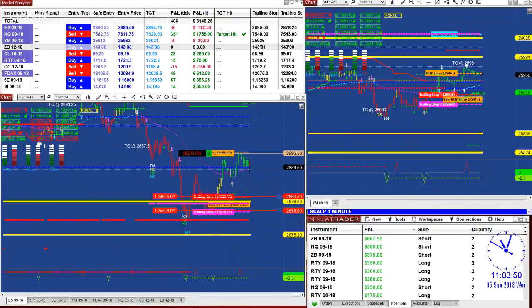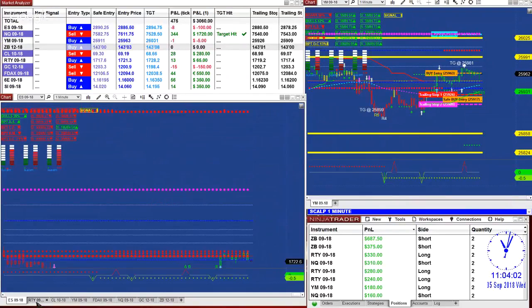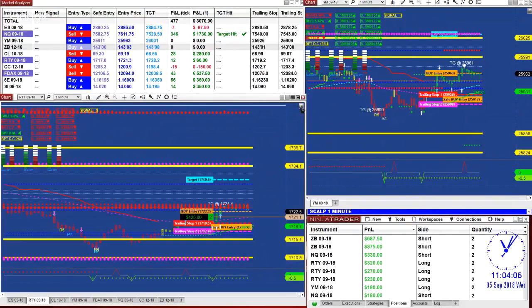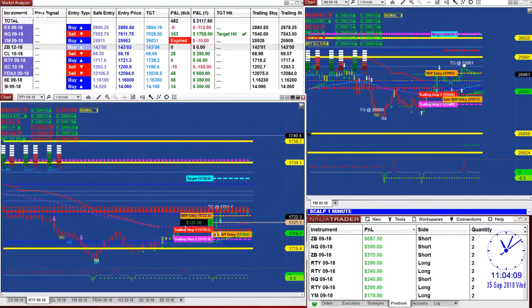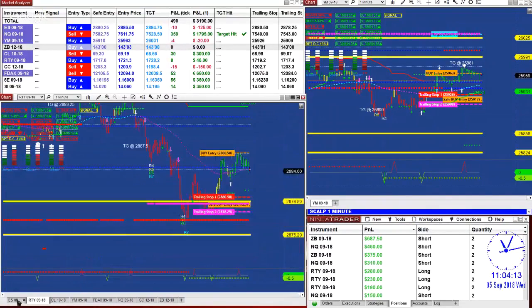There is always a way we can exit. There is always a way we can get out of trouble, even when we are auto trading. Let's go back to the ES.